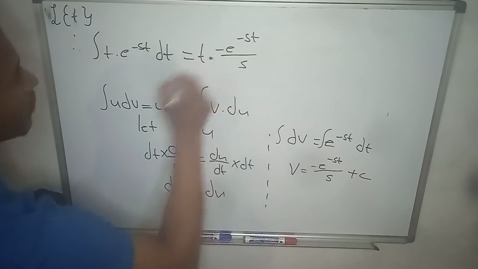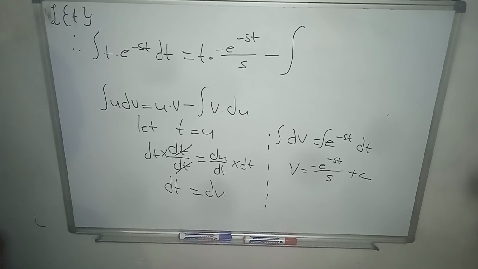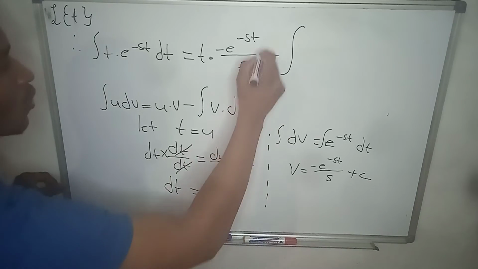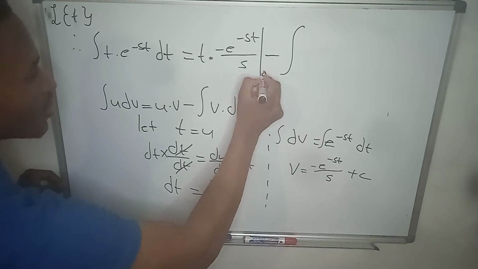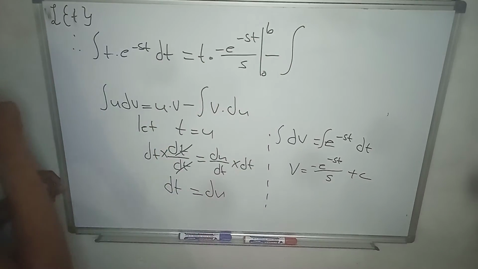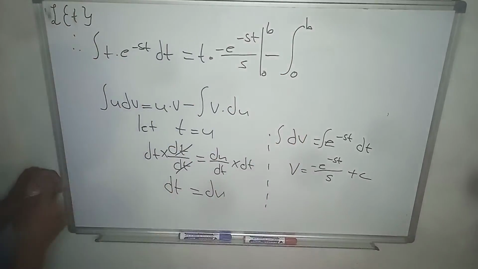This is multiplication, minus the integration. The limit is from 0 all the way to b, and even for this one, it will be from 0 all the way to b.